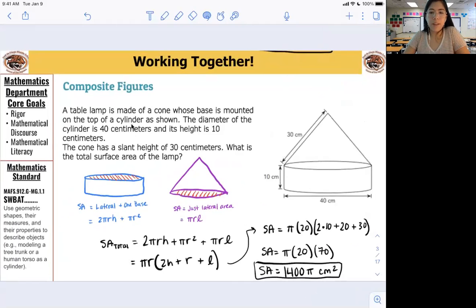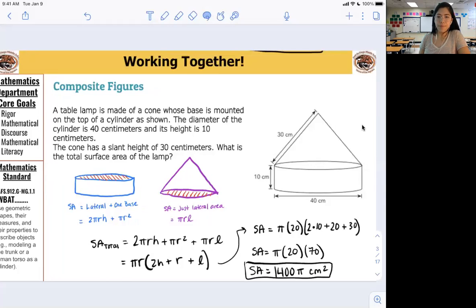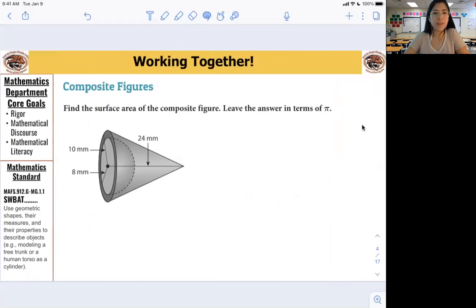Any remaining questions on this problem? Going once. Going twice. Okay. All right. Let's check this one out. What's going on here?